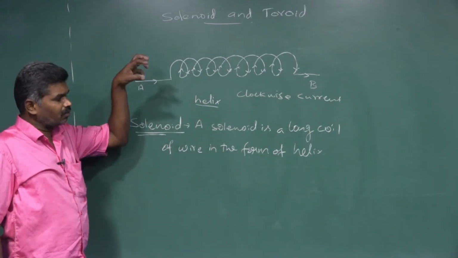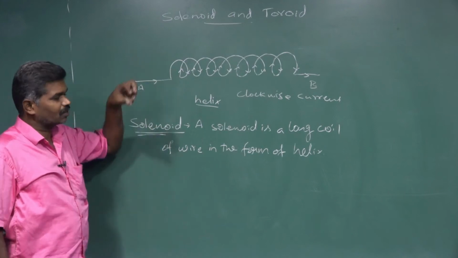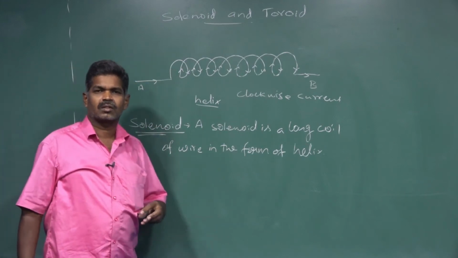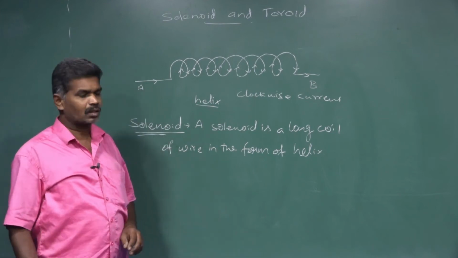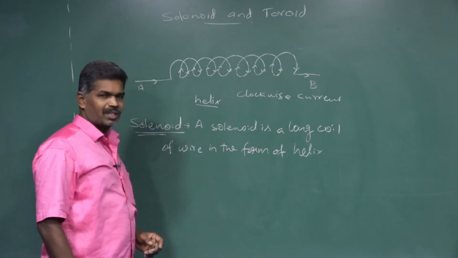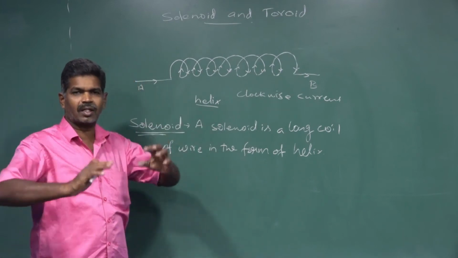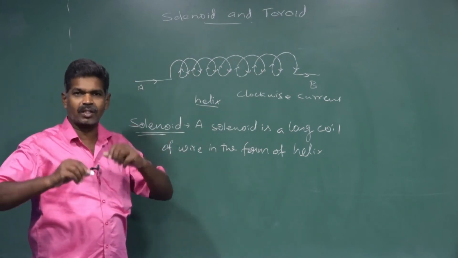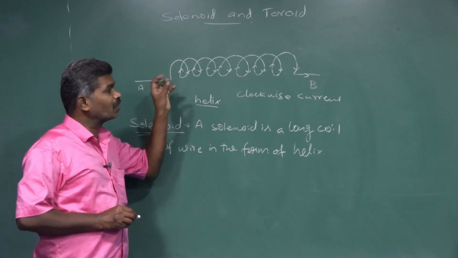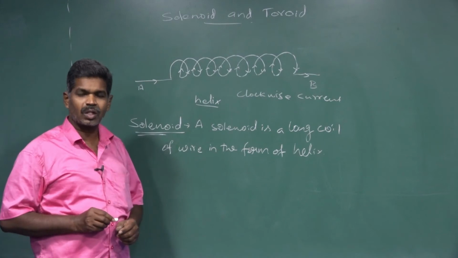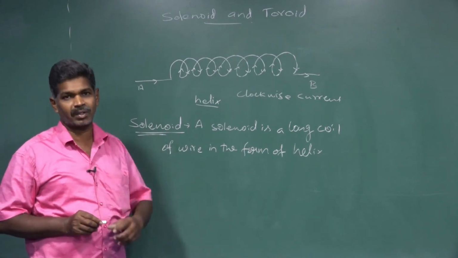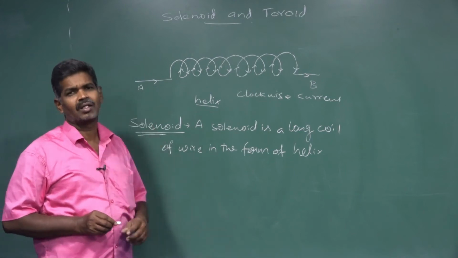Due to that clockwise current flow, around each and every turn, a magnetic field is produced. The total magnetic field of the solenoid is a vector quantity, so the resultant magnetic field along the solenoid is the vector sum of the magnetic fields of the individual turns.